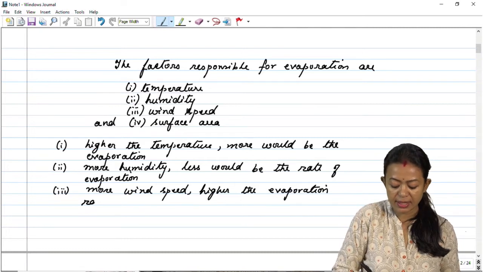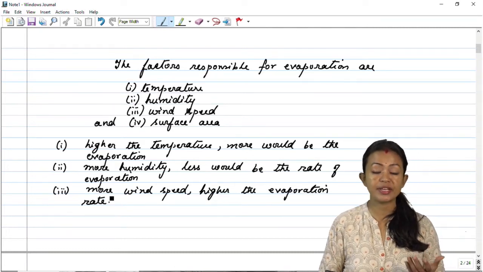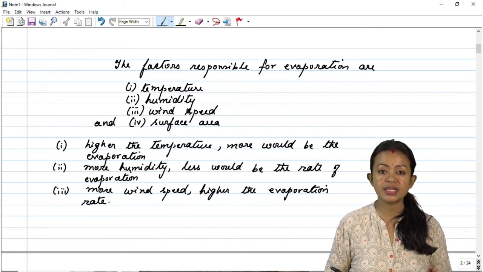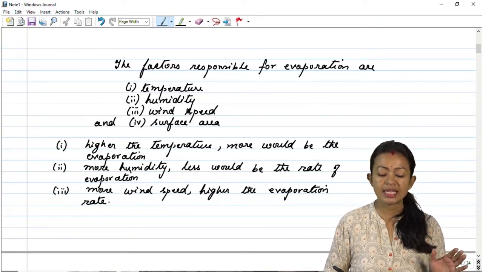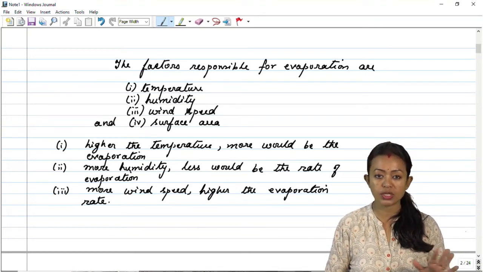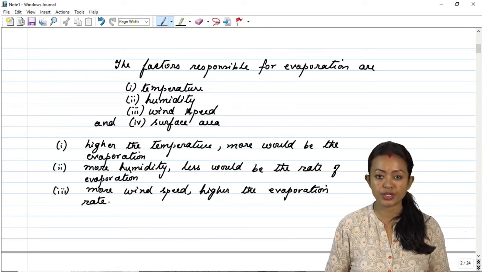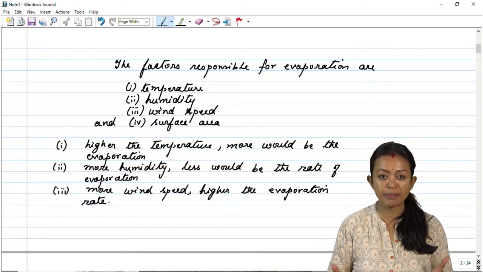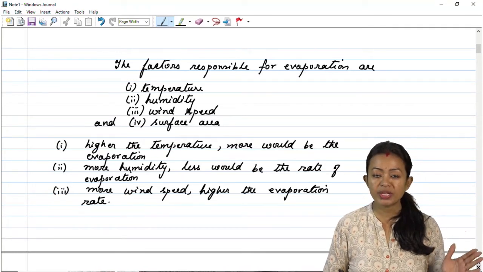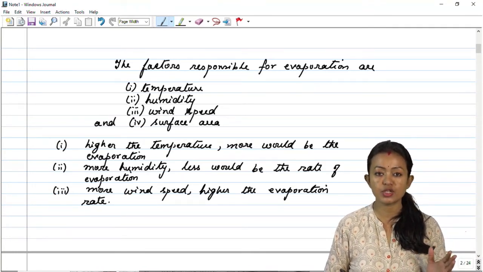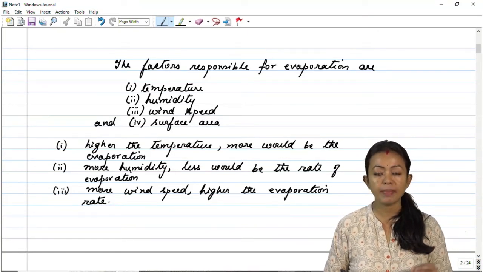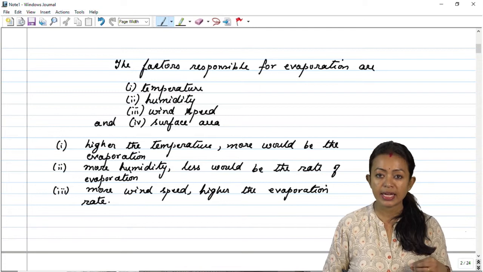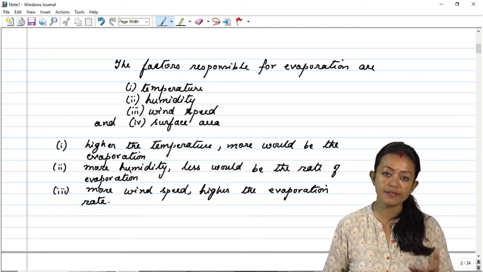Now why does more wind speed increase the rate of evaporation? The reason is that wind speed affects the water molecules present on the surface. When the wind is blowing at a very fast rate, it induces some energy into the water particles and thereby helps them get converted from the liquid state into the vapor state.